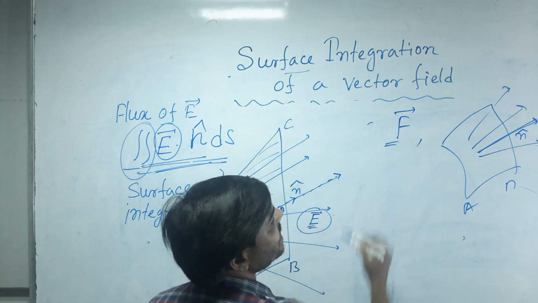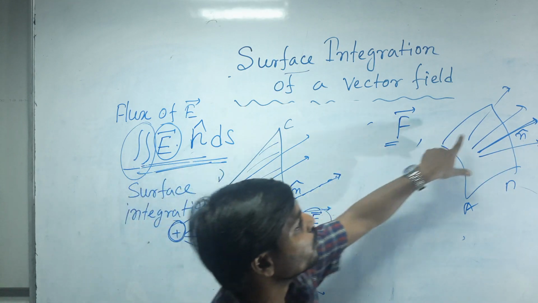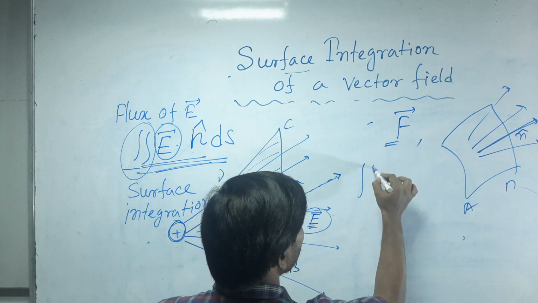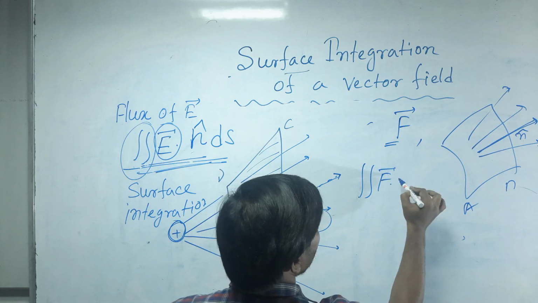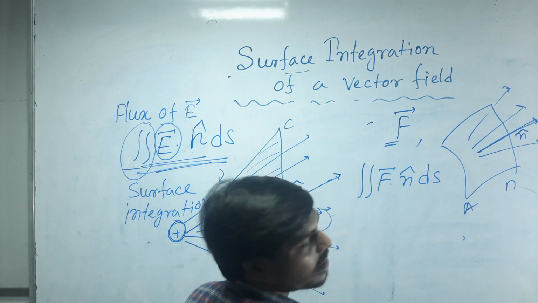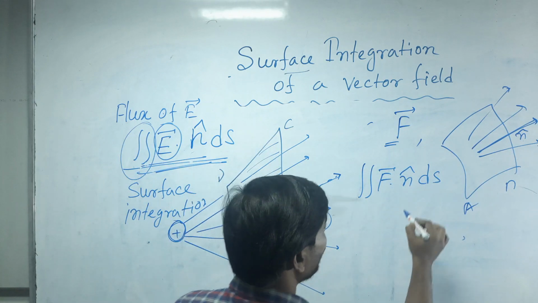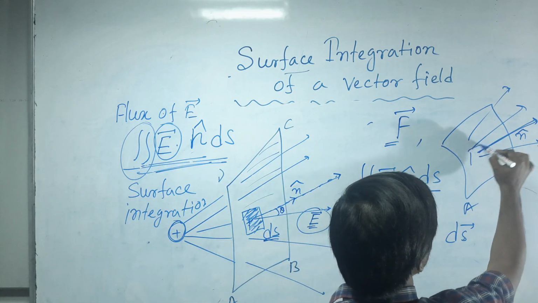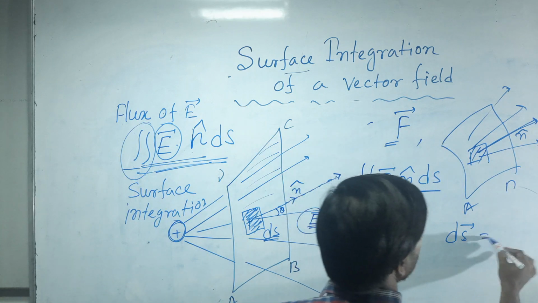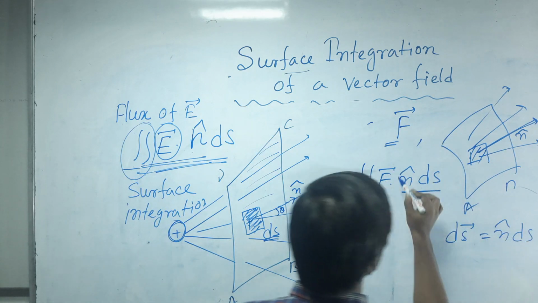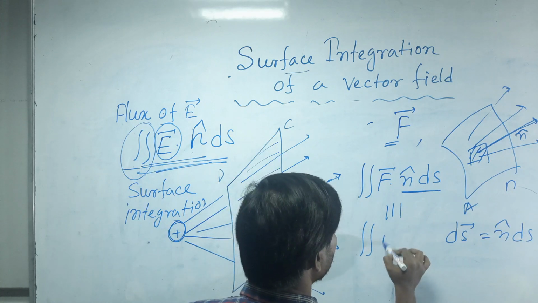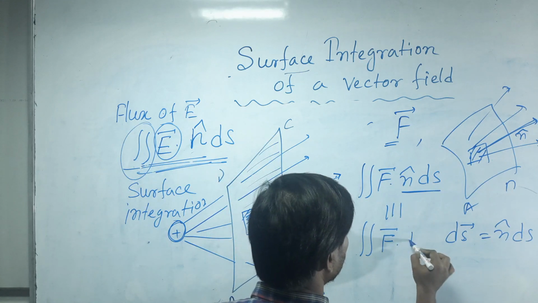Then the surface integration of this F vector through this two-sided open surface is nothing but the surface integration of F vector dot n cap ds. And we also know that the elementary area ds vector is nothing but n cap ds. So this is equivalent to F vector dot ds vector.